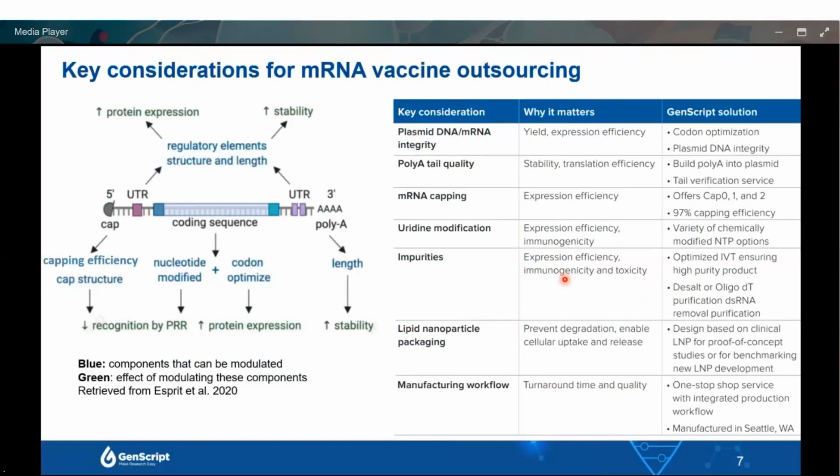Okay, so let's first check more about the mRNA vaccine because it's the traditional one, relatively speaking. These are the 5 elements of mRNA that we can adjust to get better performance.